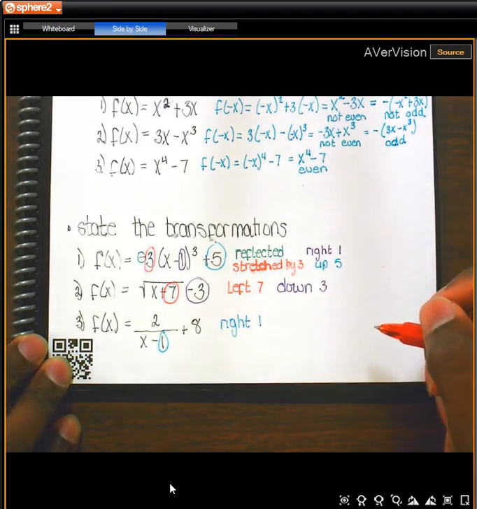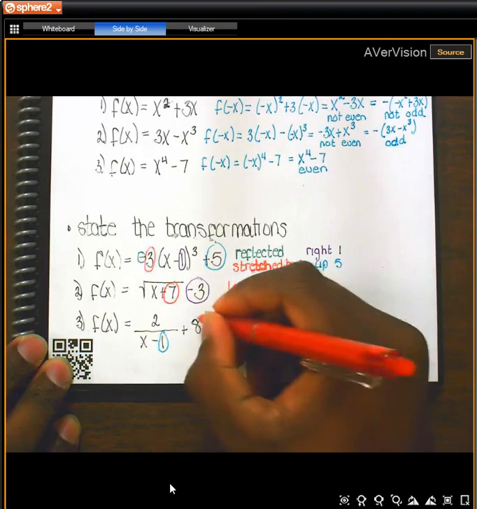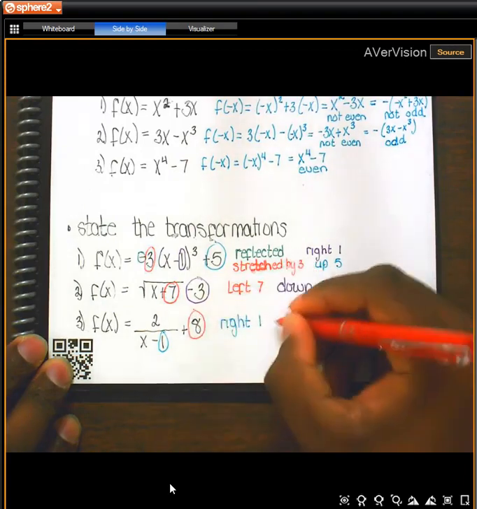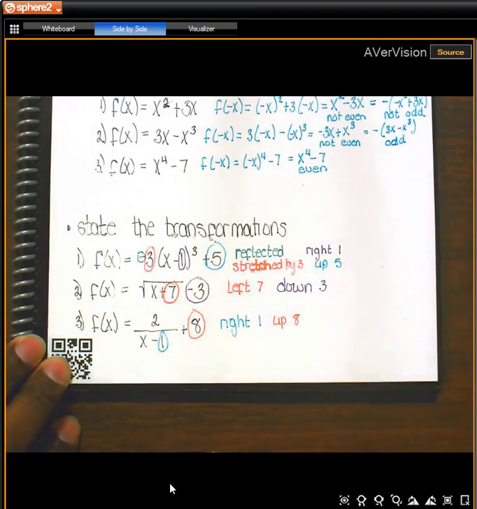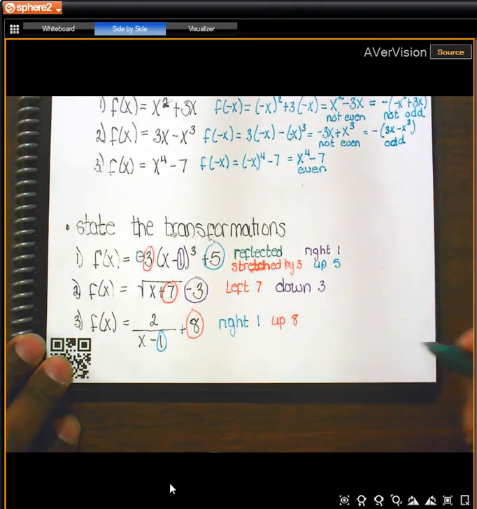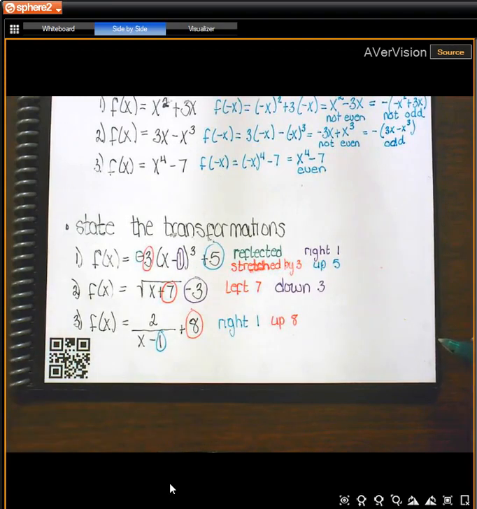What else? Yep. What else? How do we know it's compressed?